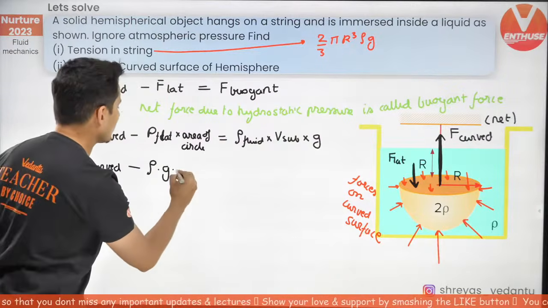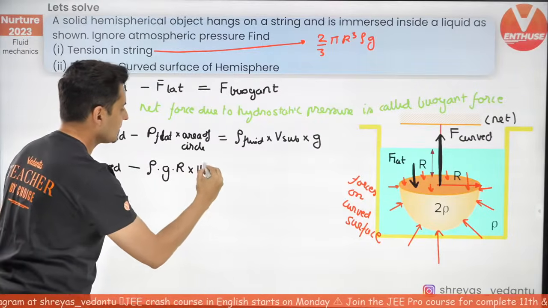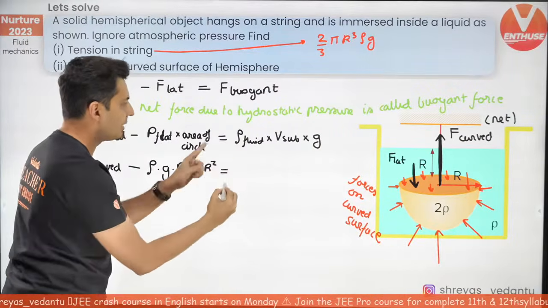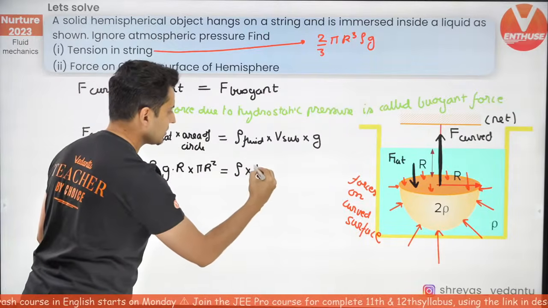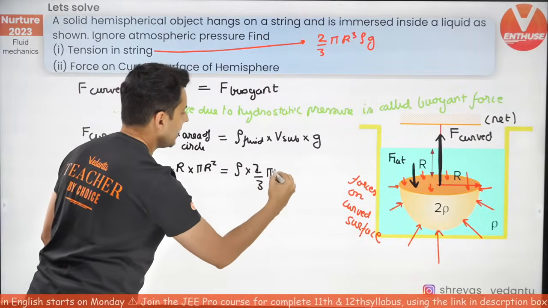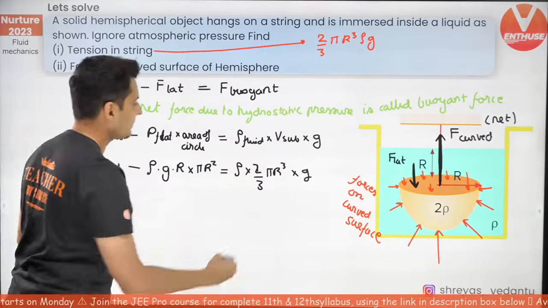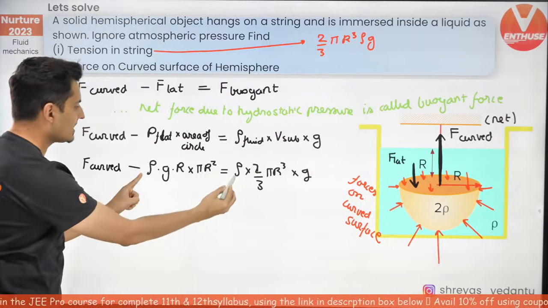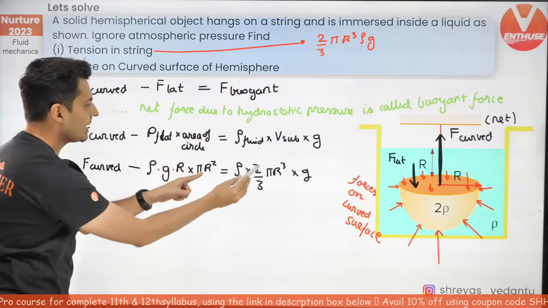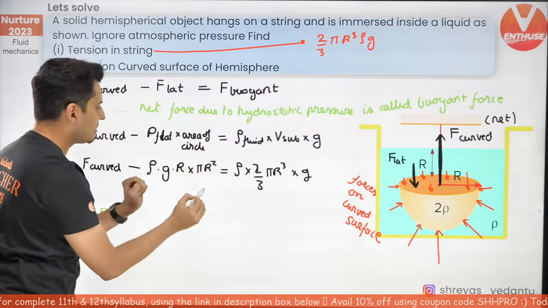So times r. Area of the circle is pi r square. This is equal to the density of the fluid, rho, times the volume submerged, which is half the sphere, so 2 by 3 pi r cube, times g. So this becomes the complete equation. You can see rho is there, r square and r will become r cube, pi is also there.